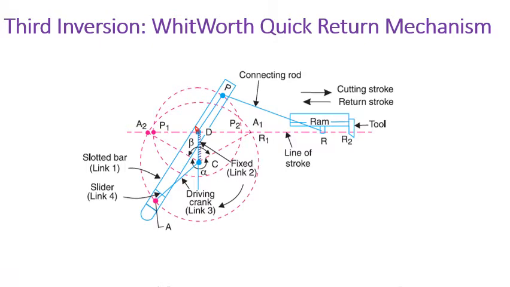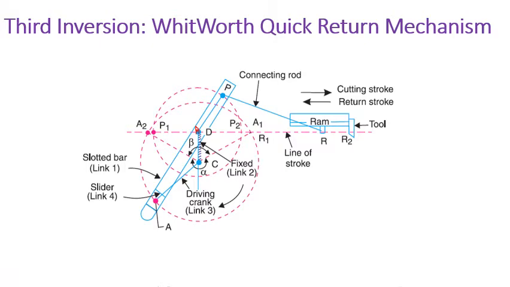This connecting rod, which is connected at one end of the slotted link, carries the ram and a tool. So when the driving crank moves from the position A2 to A1, through the angle alpha, we call it a cutting stroke.